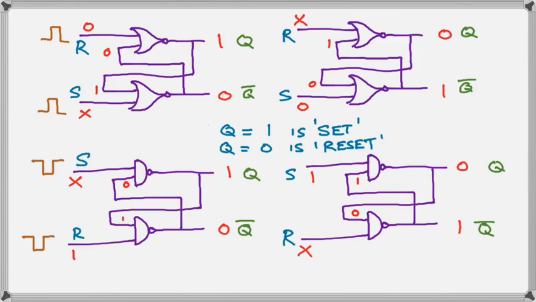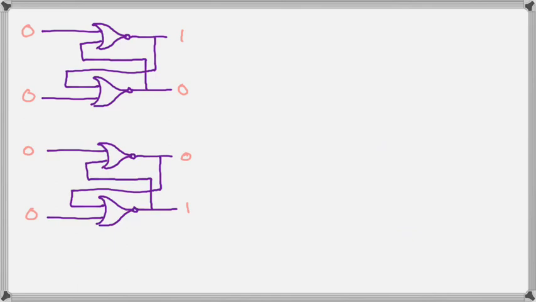So I think you can get that, but in order to make it a little plainer, we're going to just concentrate on the one built with the NOR gates. And this time we've put all zeros on the input because we know that this one is triggered by applying a 1.